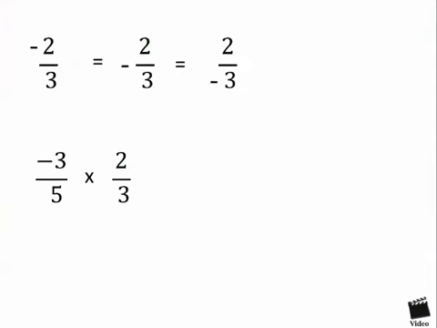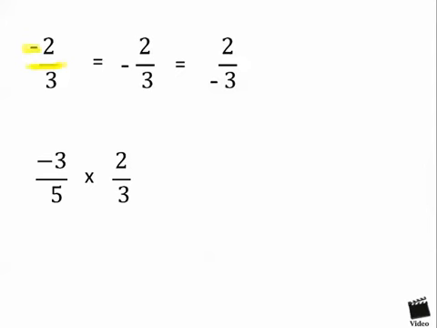Here's another place where negatives might get in the way, and I wrote this at the top just to help you understand. Negative 2/3. That means negative 2 divided by 3. Remember how your calculator uses just a fraction bar for division? You'll never see that line with two dots on it in your calculator, and you'll hardly ever see it used. It's not very helpful.